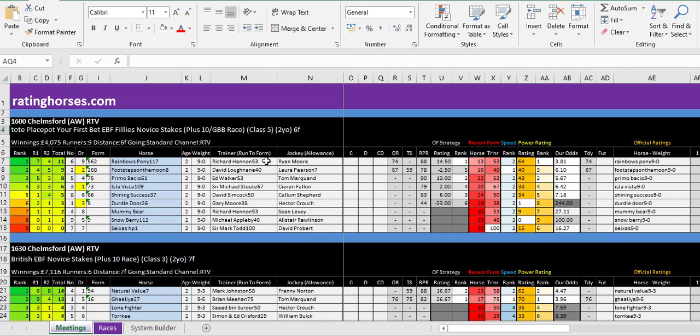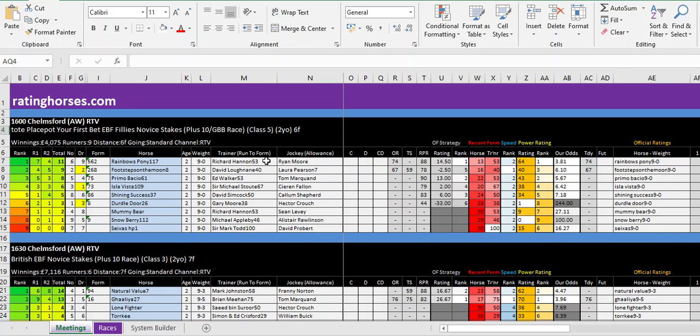Now, the run to form figure is a figure calculated by the Racing Post, and what it means is they have calculated how Richard Hannon's runners have performed in the last 14 days. Have they run to form, or have they excelled? Have they run better than the form would suggest?